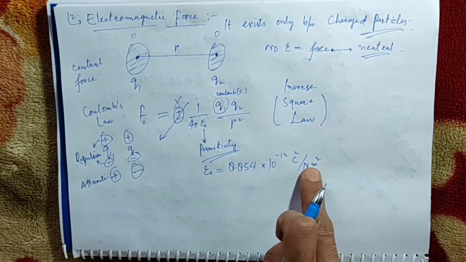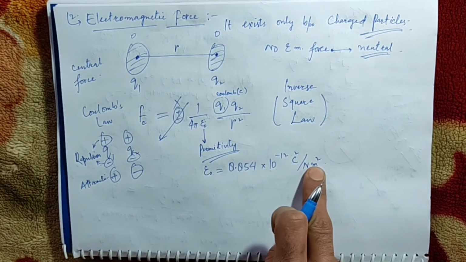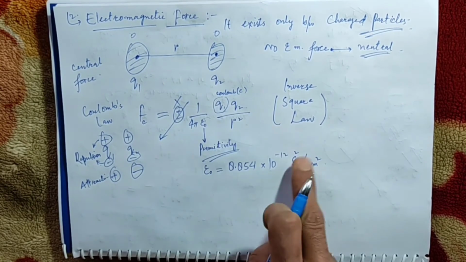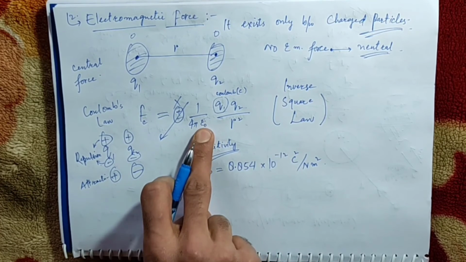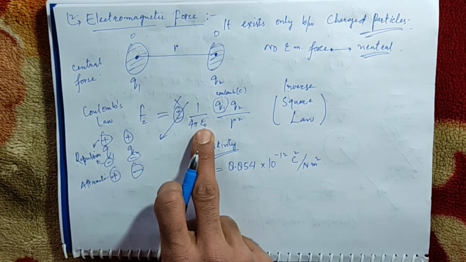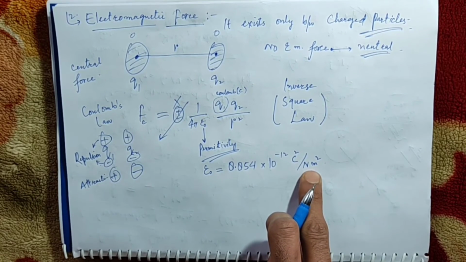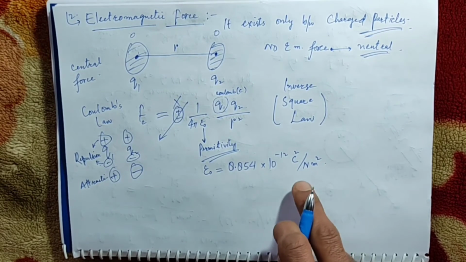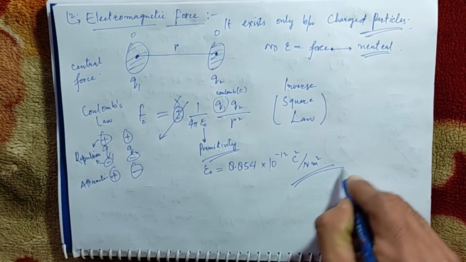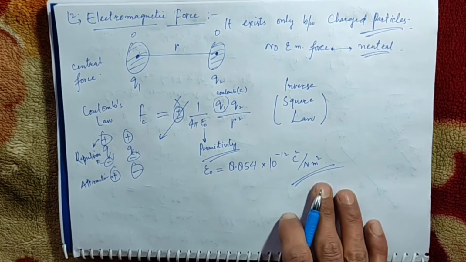This will be multiplied, and epsilon naught will be replaced by F, which has units of Newton, in the denominator. So you have got an idea about these things.